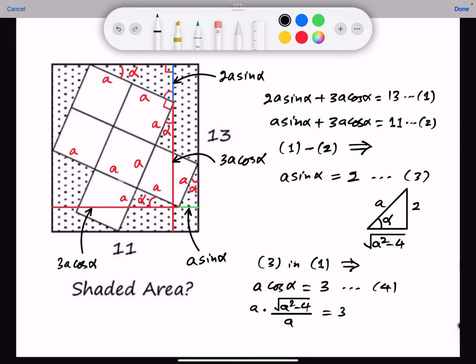That tells us, in a way, that A squared minus 4 is going to be equal to 9. And from that, we can calculate A squared, which is 13.